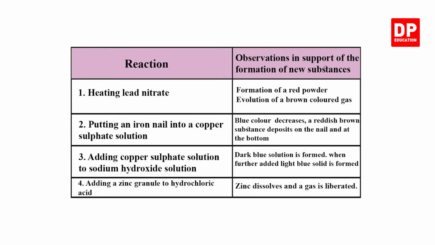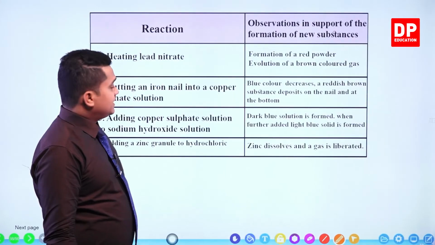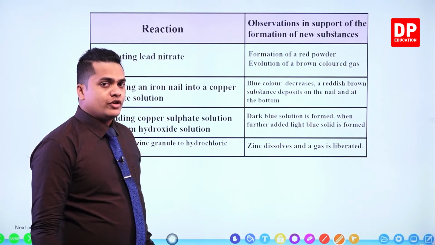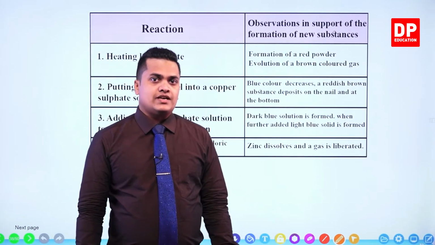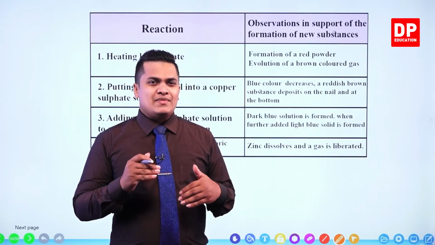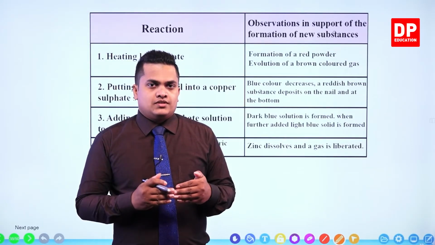So let's summarize all of these together. There were 4 experiments. Number 1, heating lead nitrate. That's the reaction. Actually, reaction means the change. I told you that chemical changes are also referred to as chemical reactions, right?